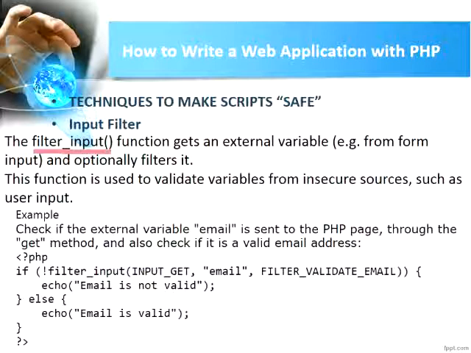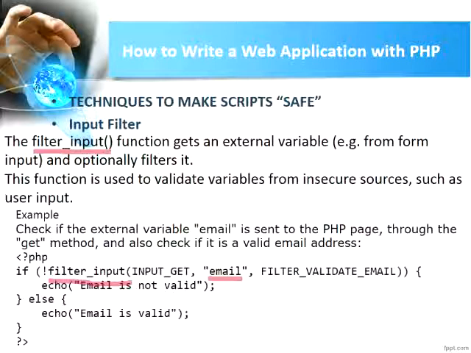For example, check if the external variable email is sent to the PHP page through the GET method, and also check if it is a valid email address. To do all this, we just use the predefined function in PHP, filter_input. We write: if not filter_input(INPUT_GET, "email", FILTER_VALIDATE_EMAIL). Email is the name of our variable.